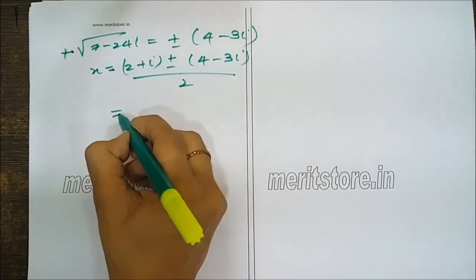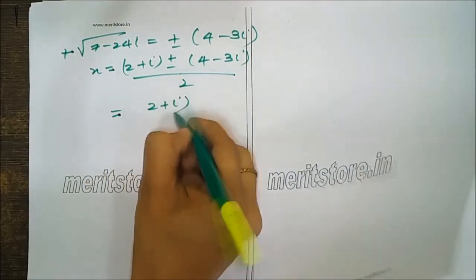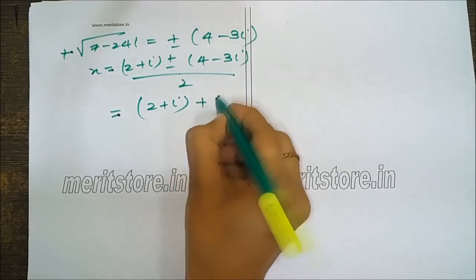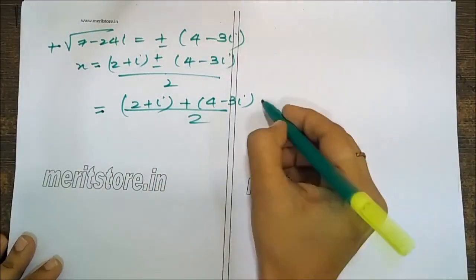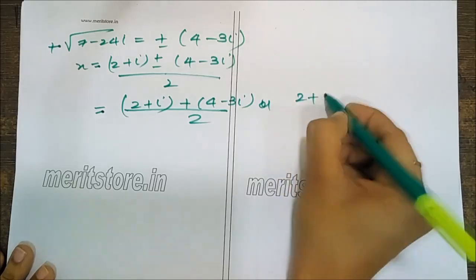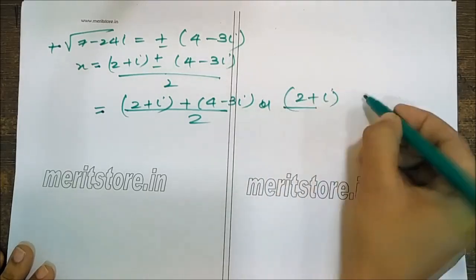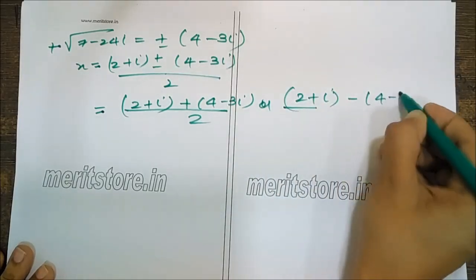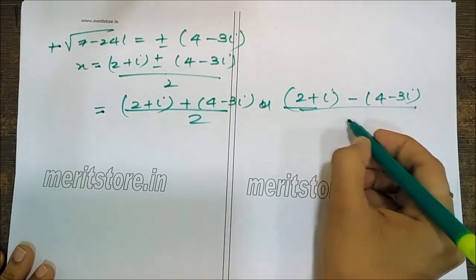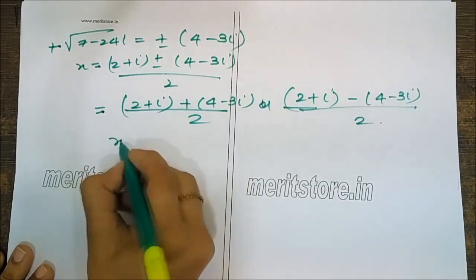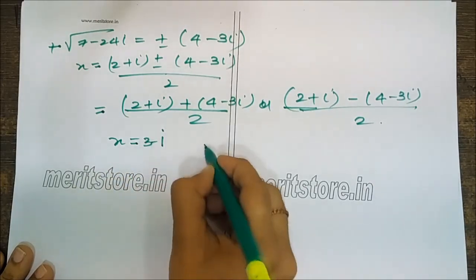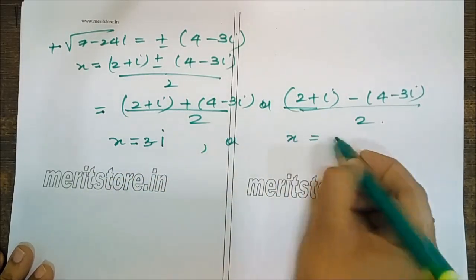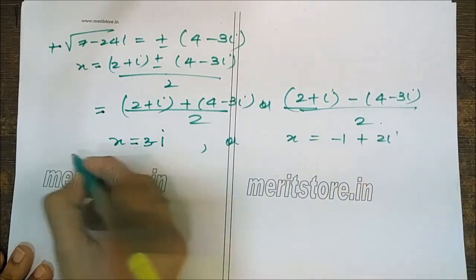So 2 plus i plus 4 plus 3i upon 2, or 2 plus i minus 4 plus 3i upon 2. Okay. So x is equal to 3 plus 2i, or x is equal to minus 1 minus i.